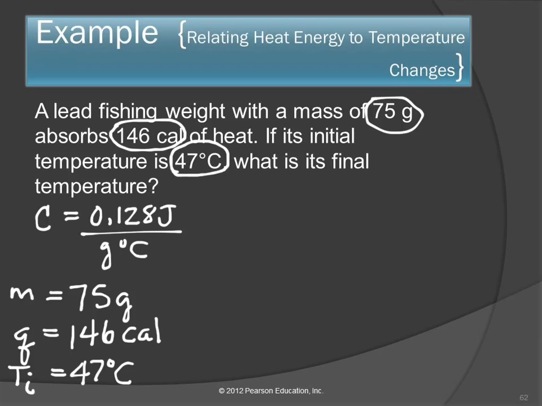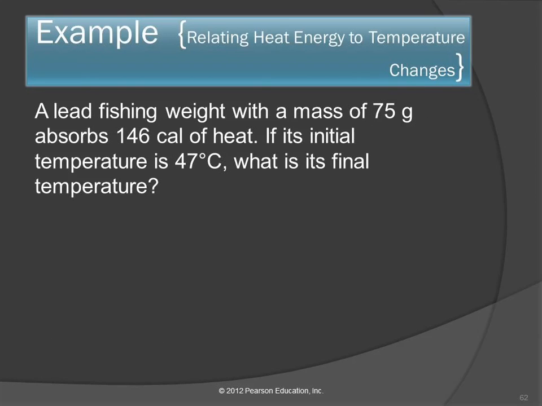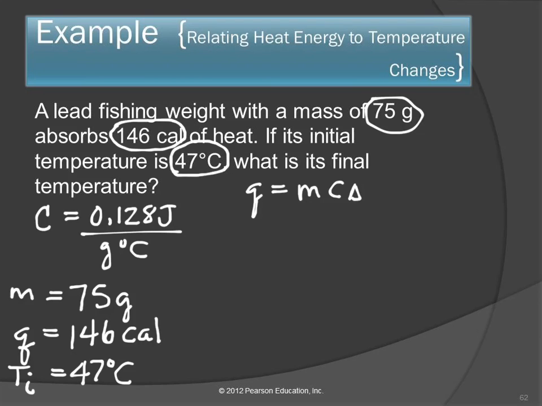Well, here's our equation. Q equals mc delta T. Now, T final is not shown individually in that equation, is it? But what if we solved for delta T?